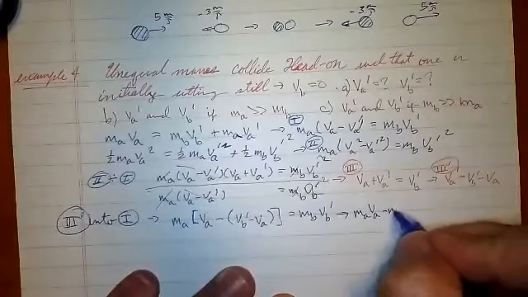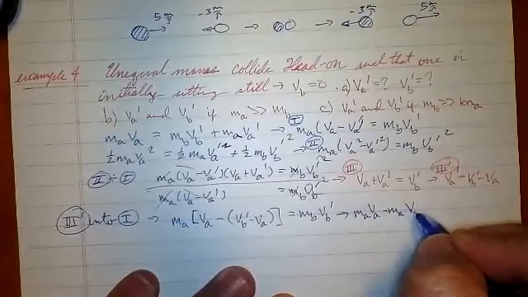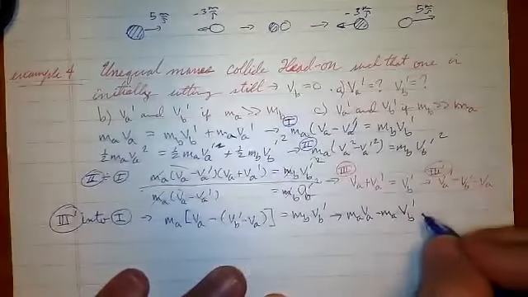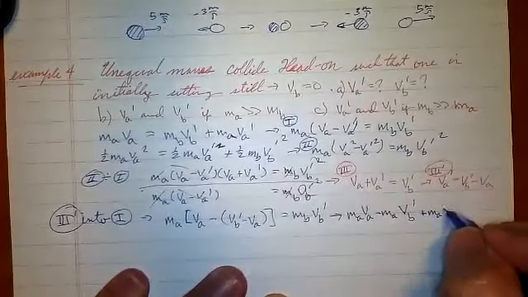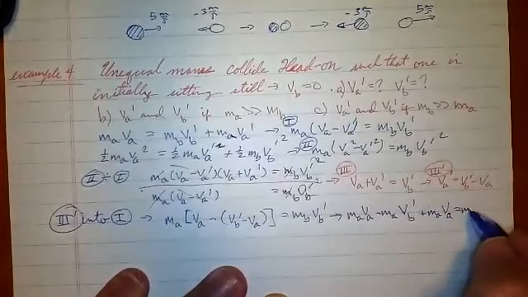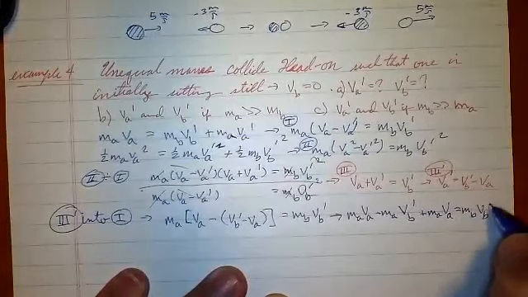And then on the right-hand side from this, I got just plain MB VB prime. So this becomes MA VA minus MA VB prime. And then minus and minus becomes plus. So I'll say plus MA VA equals MB VB prime.